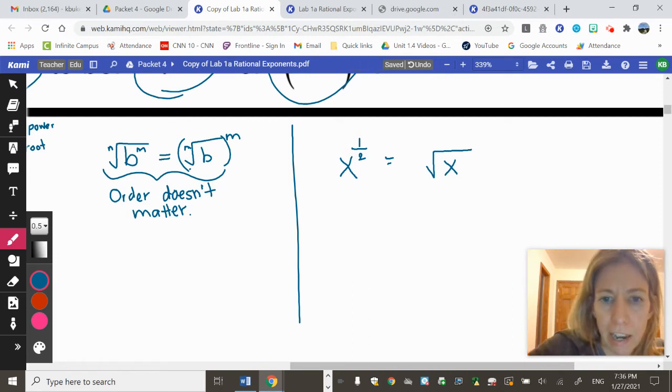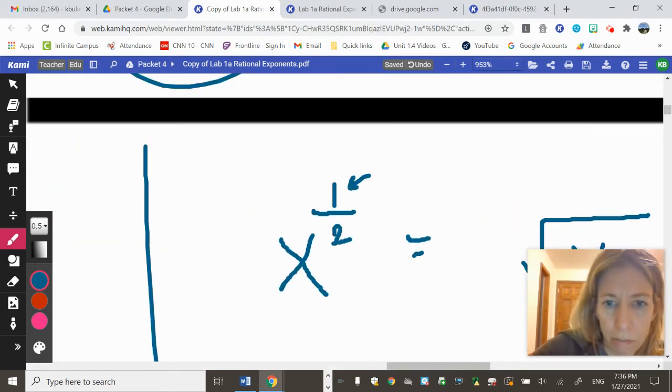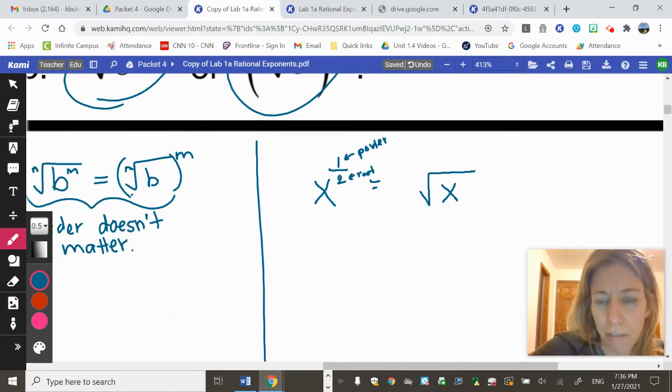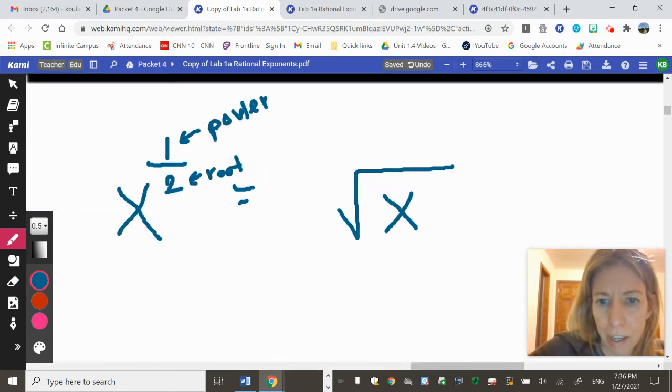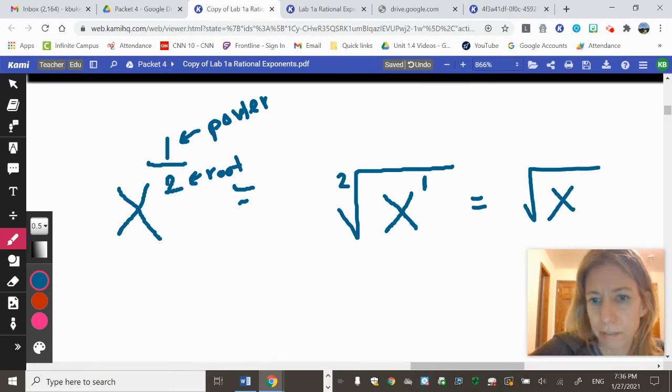I have my power of 1 and my root is 2. If you remember, with a square root the root is actually 2. We don't have to put a 2 in there. If there's no number in there, the root is 2. And the power is 1. So x to the 1/2 is just the same thing as the square root of x.